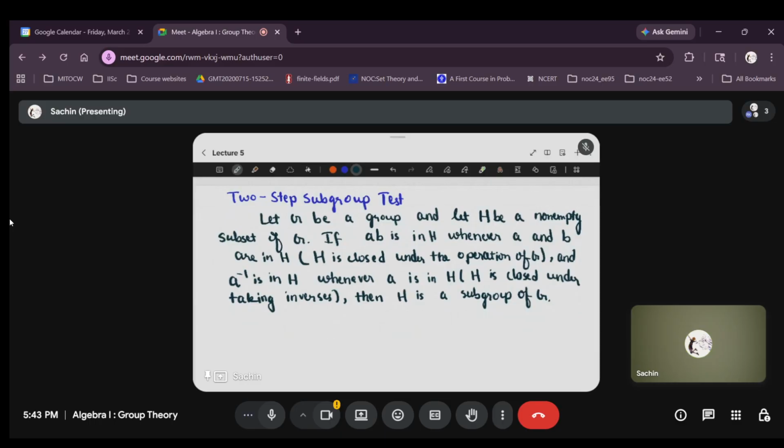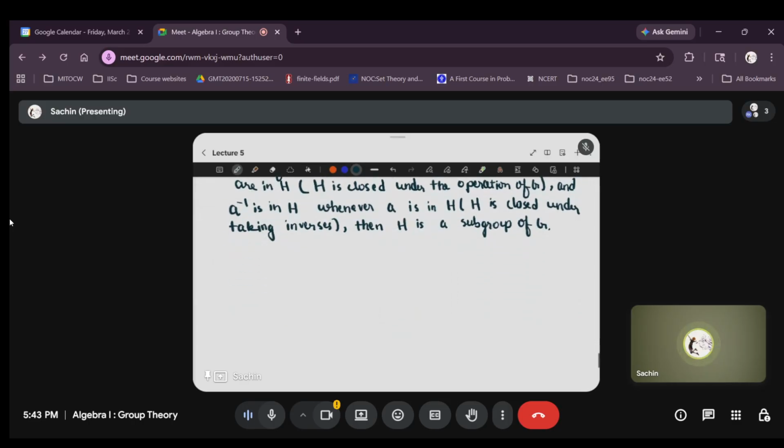So basically it's saying if all three properties are satisfied, and since it's a subset of an already existing group, right? So in general, if it's not a subset, if it's just some set, then you need to check all four conditions. But here it's saying if it is a subset of a group and three of the conditions are satisfied, then the fourth is automatically satisfied.